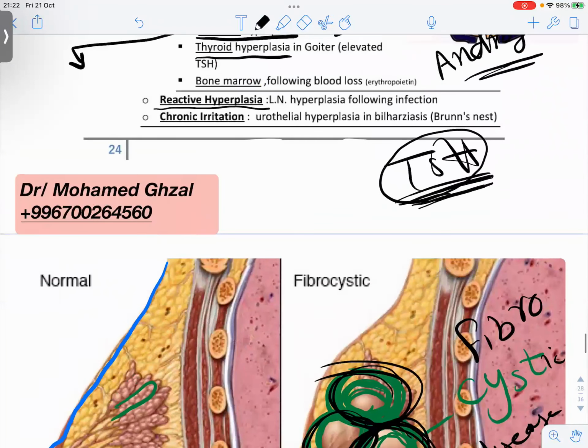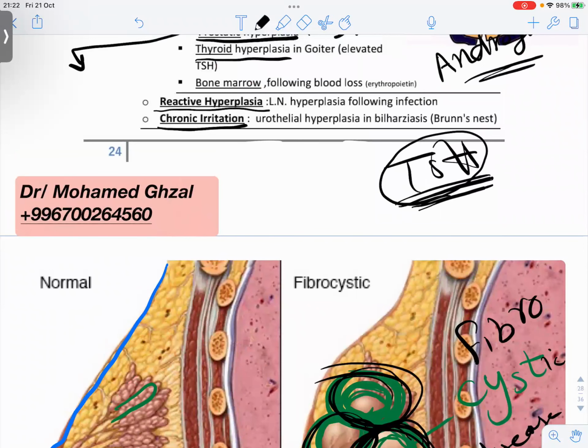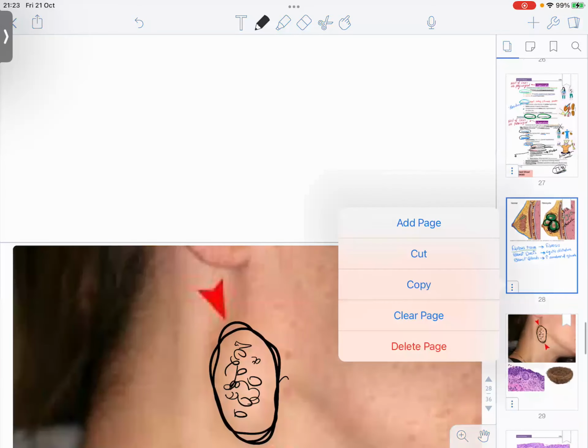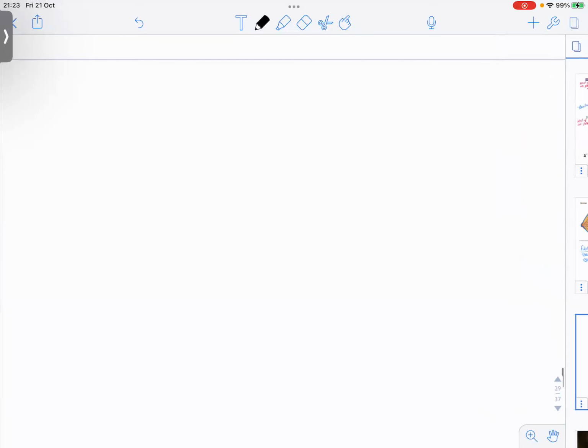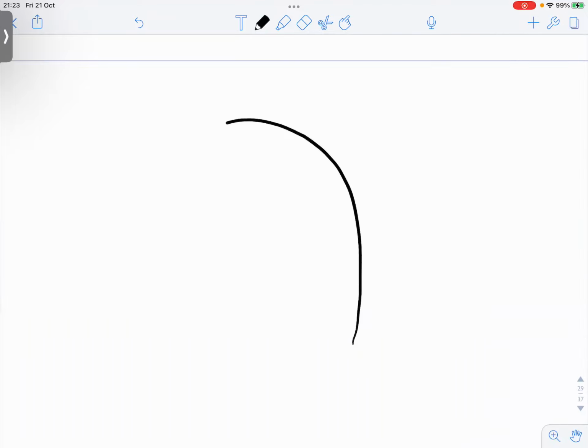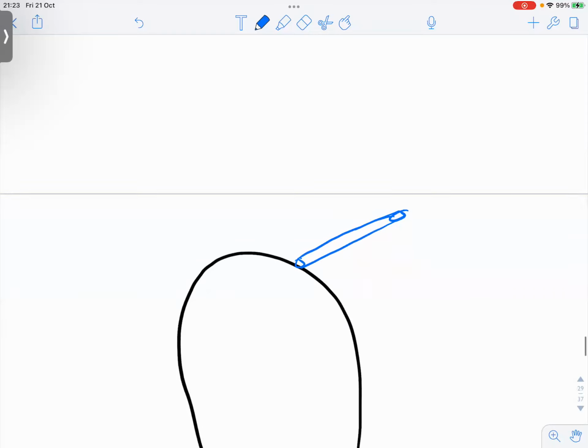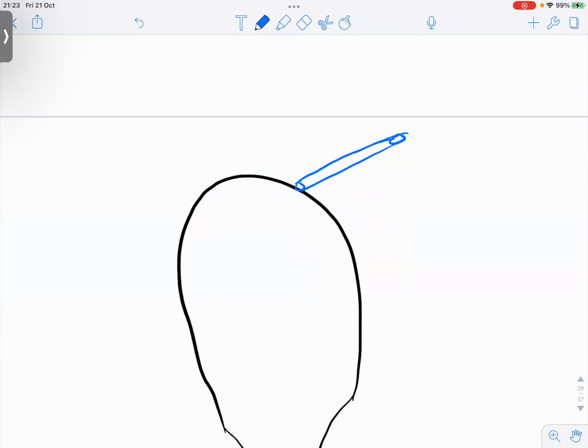And also you have irritation, chronic irritation. Chronic irritation is very common in urothelial hyperplasia. You know, in the urinary bladder, here is the urinary bladder, and here is a vein which supplies the urinary bladder.